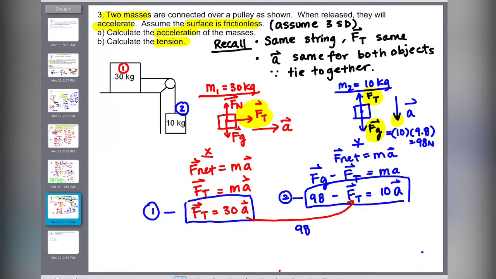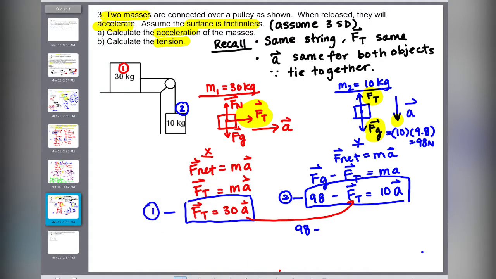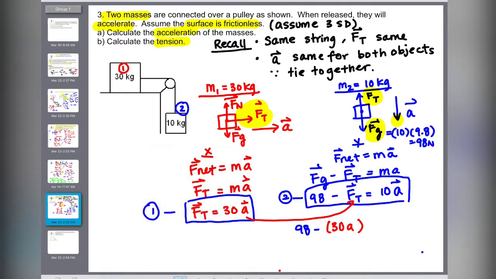So 98 minus, instead of writing Ft, I'm going to sub in that Ft also equals 30A, equals 10 times A. Bring this over by adding. So 98 equals 10A plus 30A. I'm trying to collect my like terms.